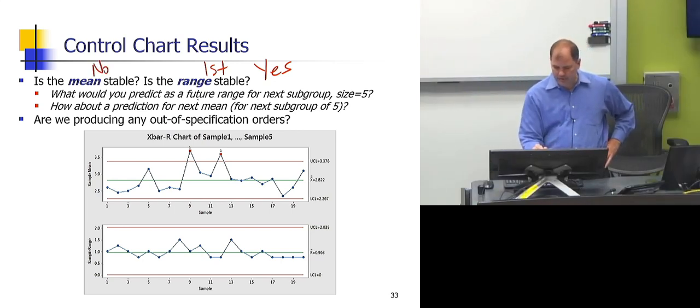What would you predict as the future range for the next subgroup? .96. How about the next mean? What would you predict?